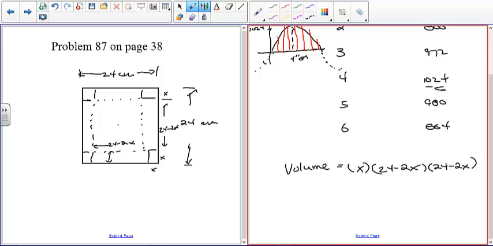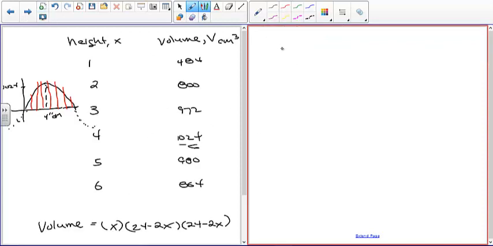So let's multiply this thing out. If you do FOIL, you'd have 24 times 24, which is, I forgot what it is. Let me get my calculator out. 24 times 24 is 576. Then you have 24 times 2, which is 48, and you got two of those, inner and outer, so 48 times 2 is 96.